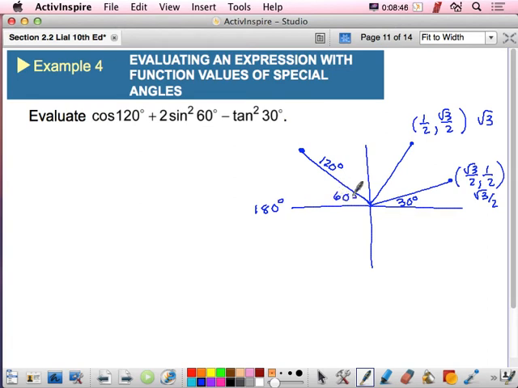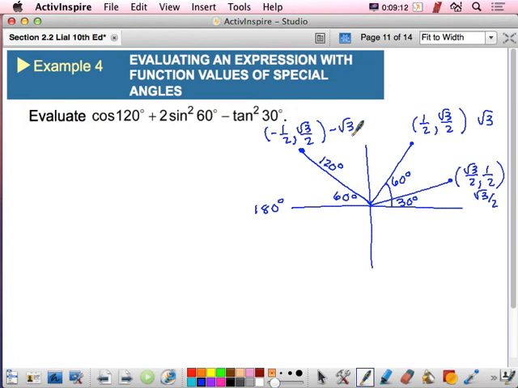So really, that's going to be exactly the same as this 60 degree point, except that the x value is going to be negative. So this will be negative 1/2, positive square root of 3 over 2, and the tangent will be negative square root of 3, because we have to adjust the signs to go with it.